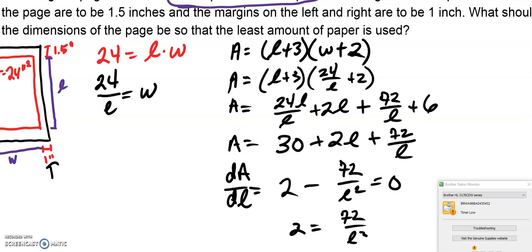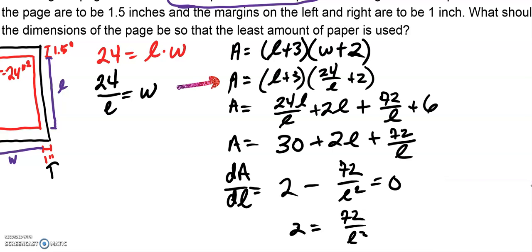So when we go through and we plug that in, you get to right here. Then what I did is I multiplied everything out just to make finding the derivative easier. And when I multiplied everything out, it simplified down to the area is equal to 30 plus twice the length plus 72 divided by the length. And there I found the derivative. And the derivative of 30 is 0.